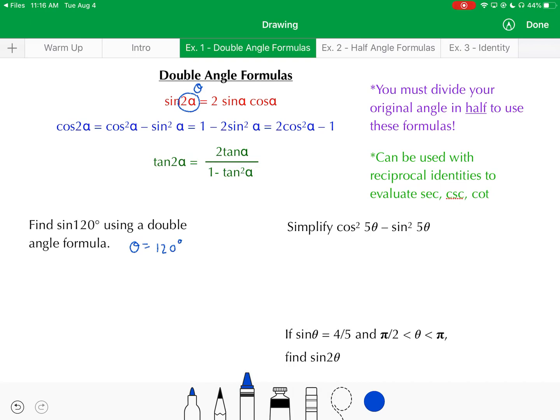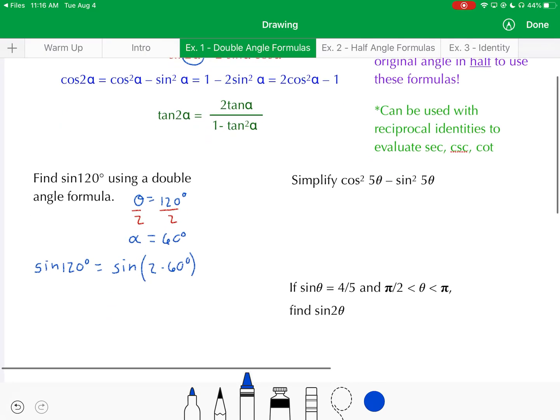And then what you're going to need to do is divide that by 2, okay? And that'll tell you what alpha should be, all right? So alpha is going to be 60 degrees. So we're now going to think of sine of 120 degrees as the sine of 2 times 60 degrees, okay?